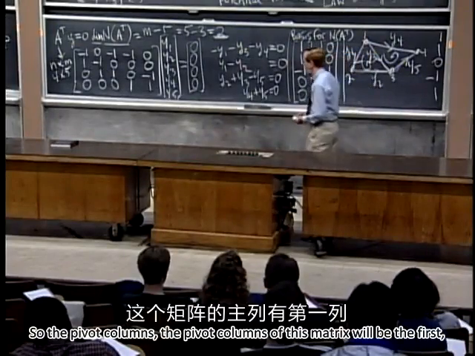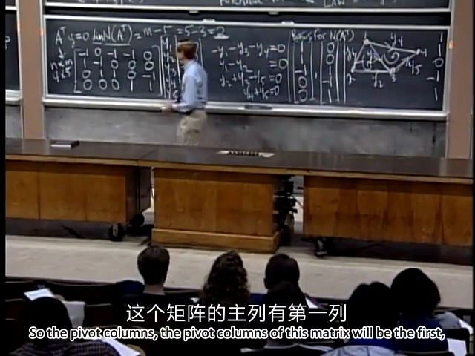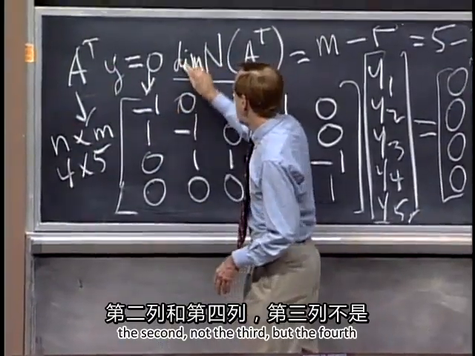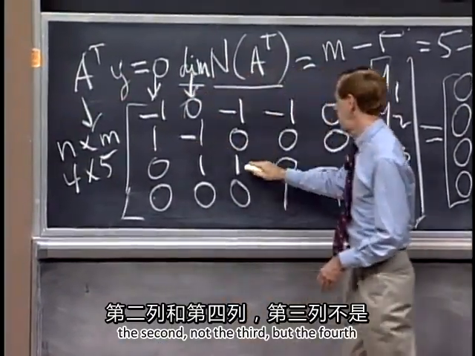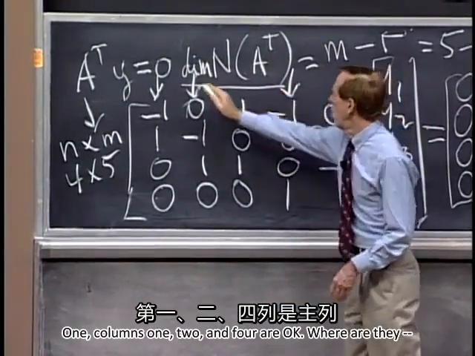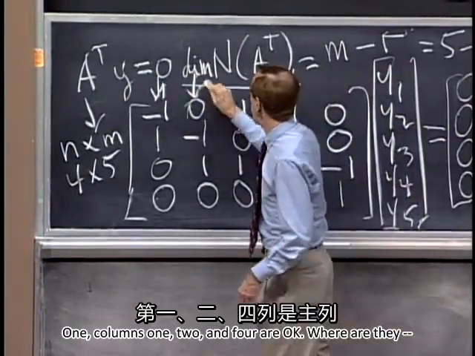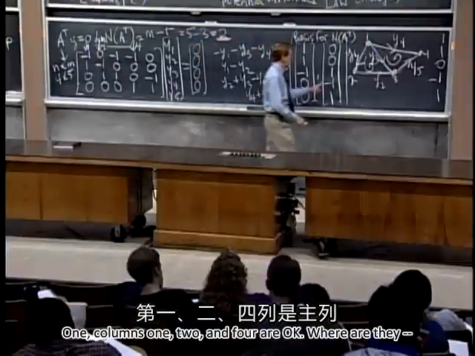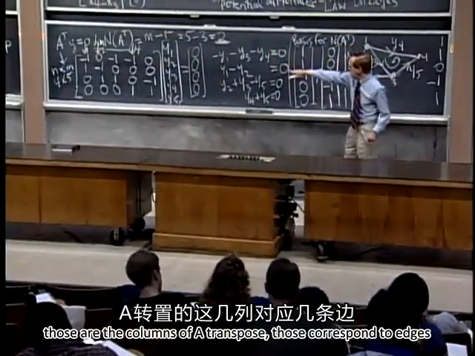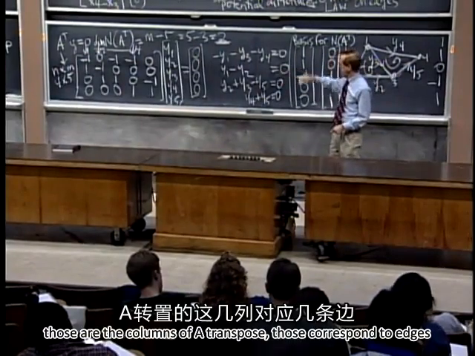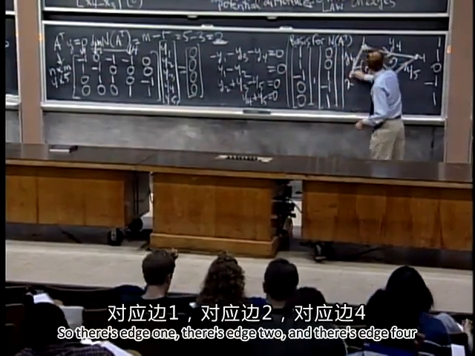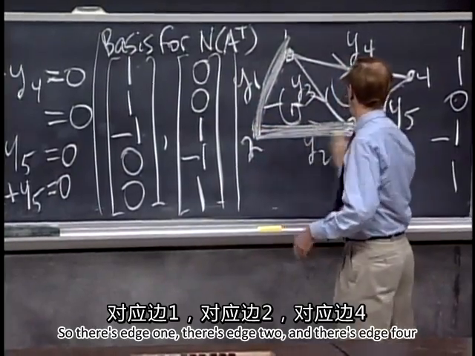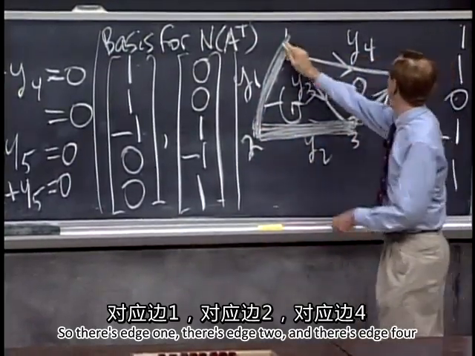So the pivot columns of this matrix will be the first, the second, not the third, but the fourth. Columns 1, 2, and 4 are okay. Those are the columns of A transpose. Those correspond to edges. So there's edge 1, there's edge 2, and there's edge 4.